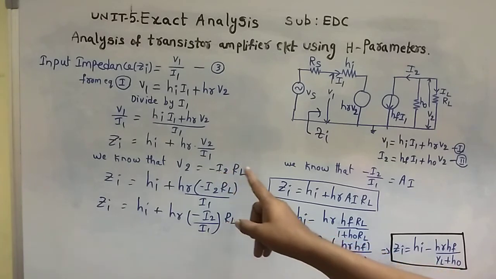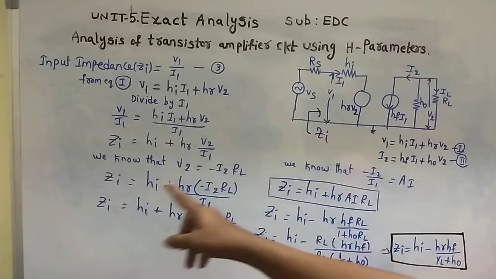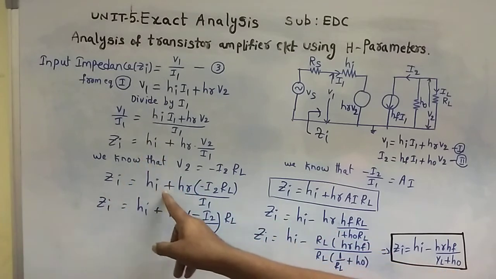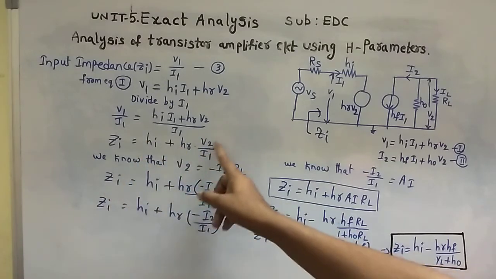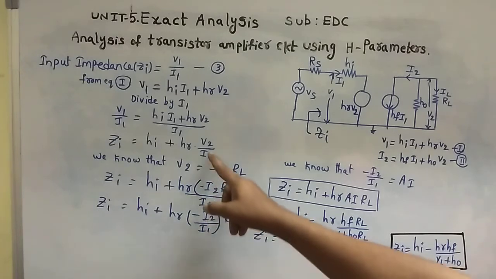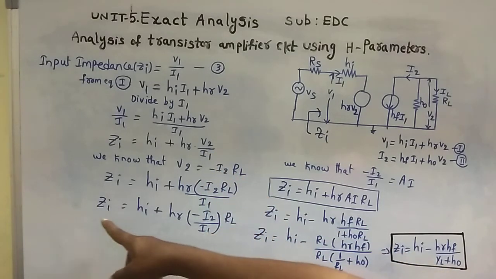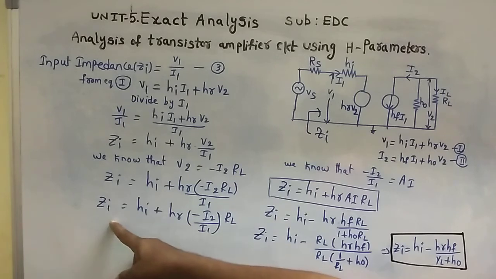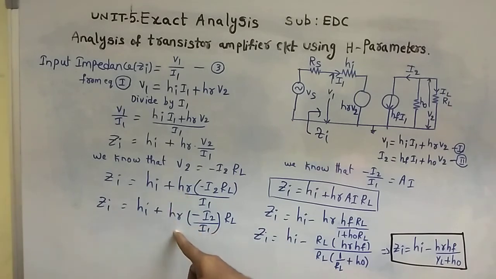That one I am taking. So Zi is equal to Hi plus HR into, in place of V2, minus I2 into RL by I1. Then Zi is equal to Hi plus HR into minus I2 by I1 into RL. Minus I2 by I1 I am writing separately into RL. Why?